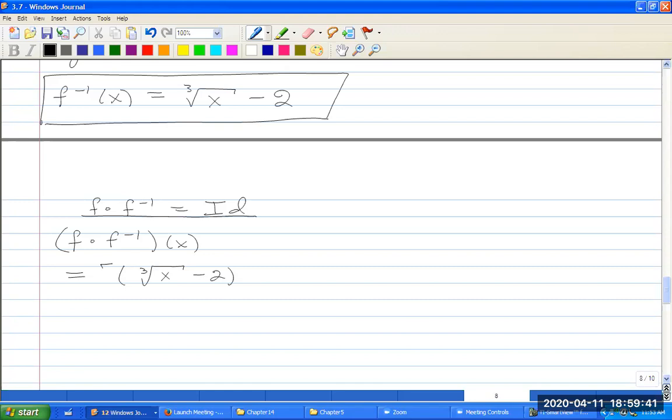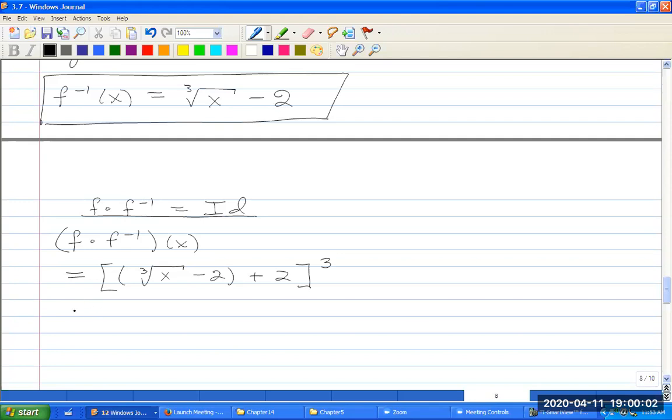And this is just cubed. So f of x was x plus 2 cubed, and I'm just replacing x here by the formula given by f inverse, the cube root of x minus 2.